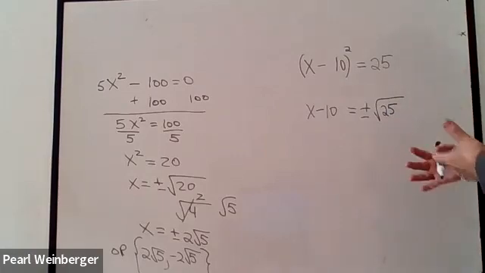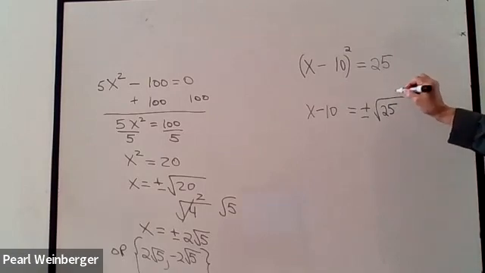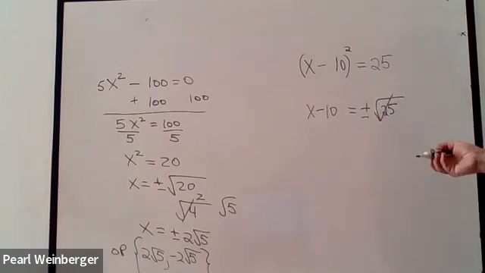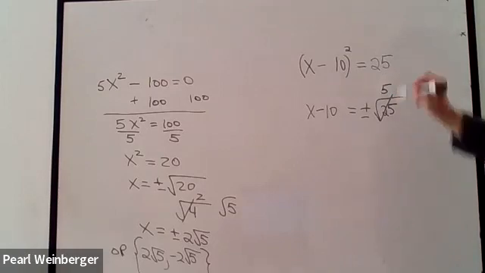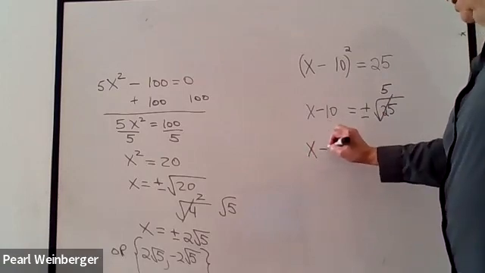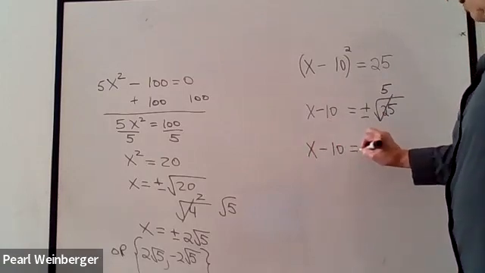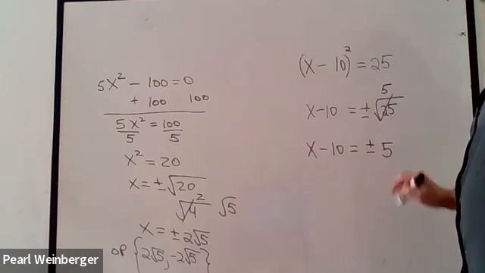And of course, we're now going to try and simplify. The square root of 25 happens to be a perfect square, so that comes out to be just 5. In other words, I'm getting x minus 10 equals plus or minus 5.